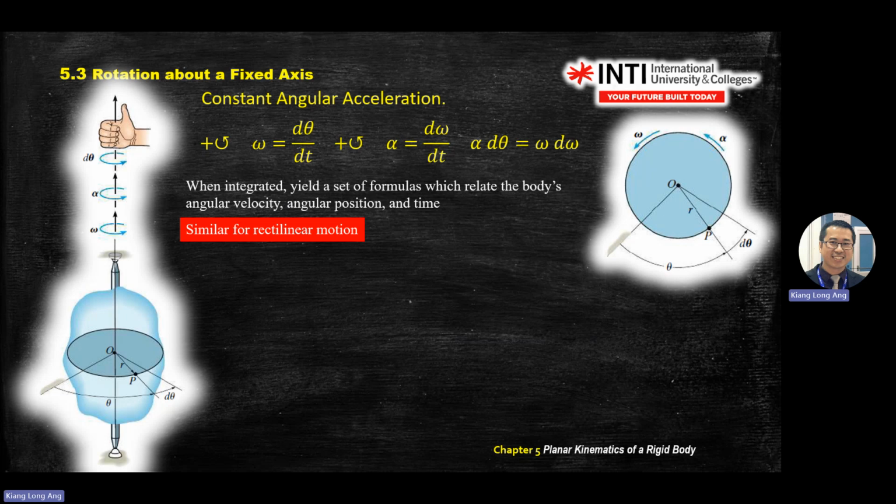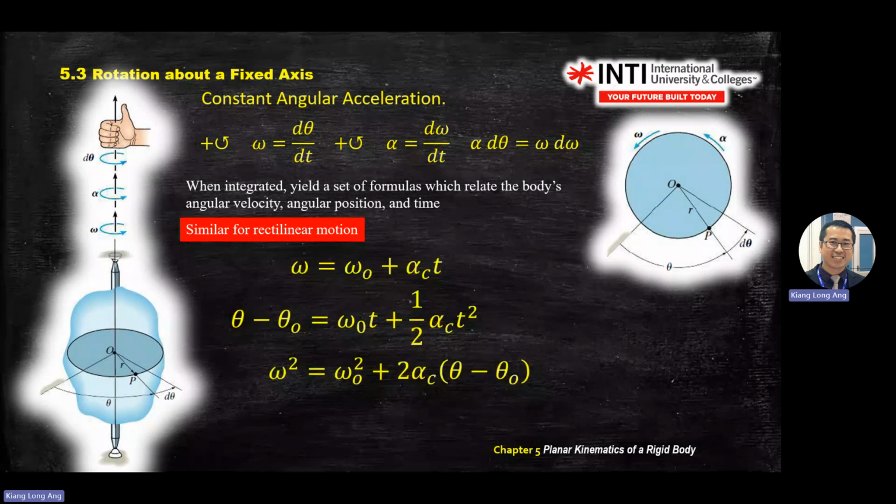First one, omega equal to omega 0 plus alpha t. What you see in chapter 1, first Newton equation, v equal to v0 plus at. You change the v into omega. Second one, delta s or s2 minus s1 equal to v0 t plus half a t squared.